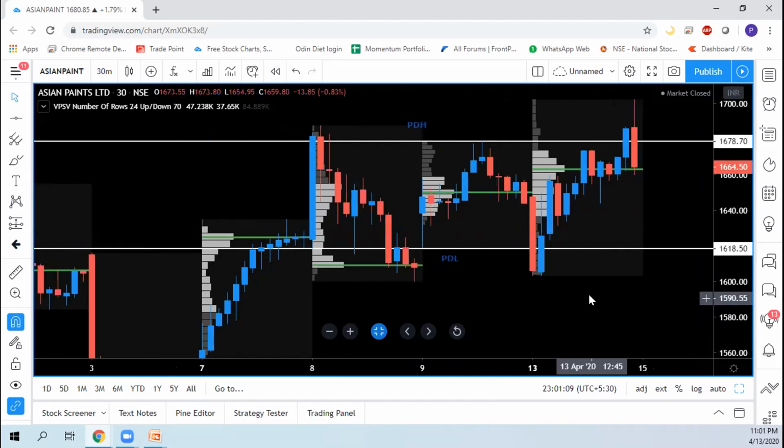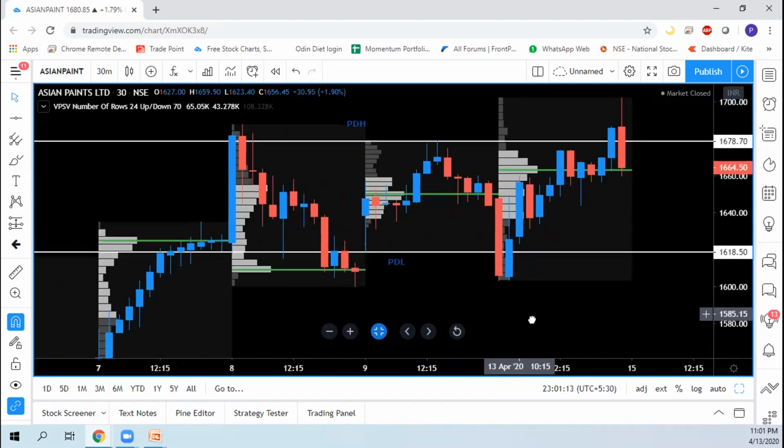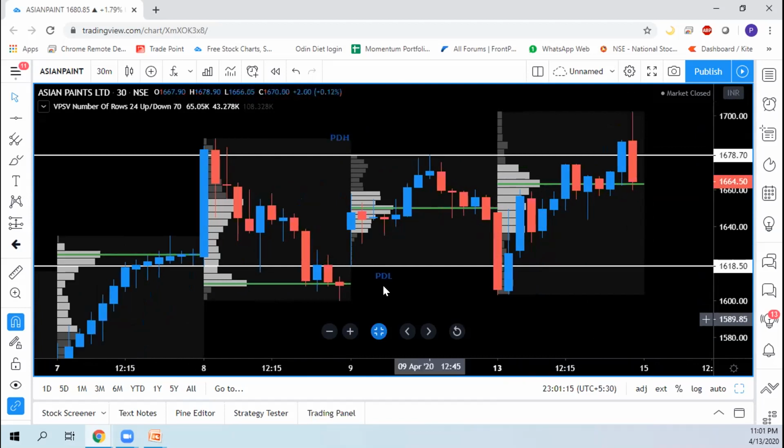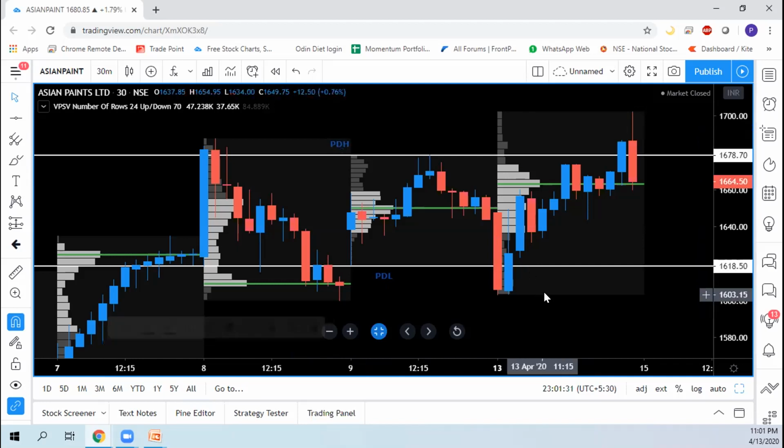This is what I do on my weekends, or if I have any trading holiday. I'll just go and replay all my favorite stocks, either in market profile or tradingview.com, whichever is comfortable for you. By doing this exercise, you'll get more insights on what markets are trying to do.